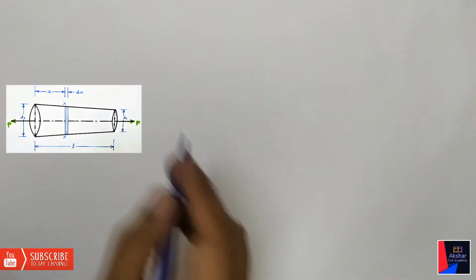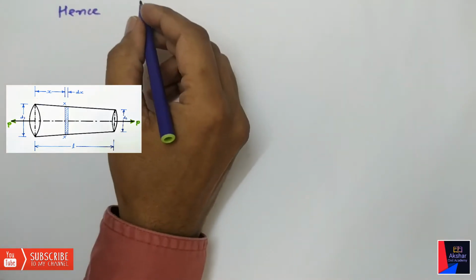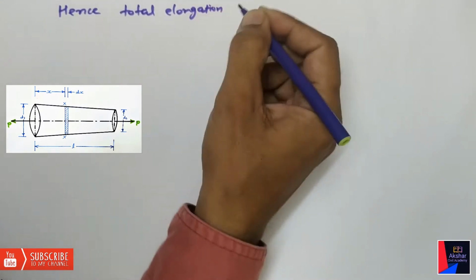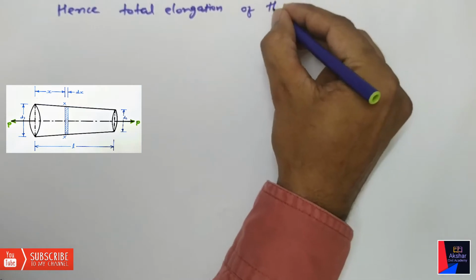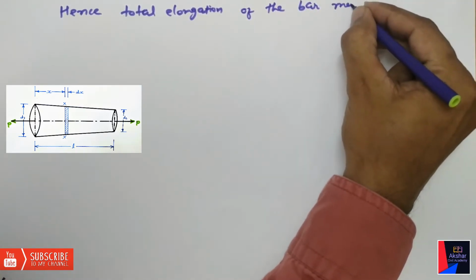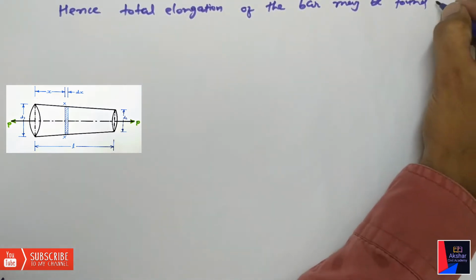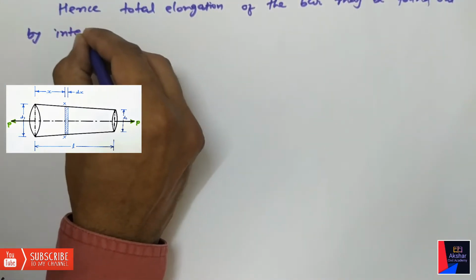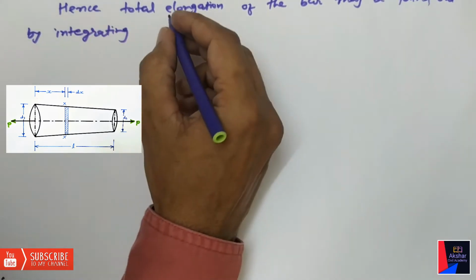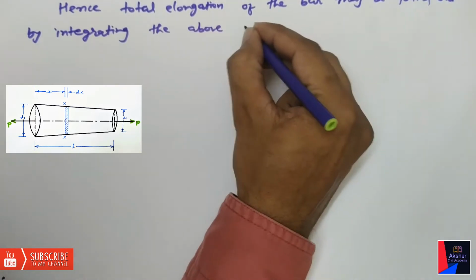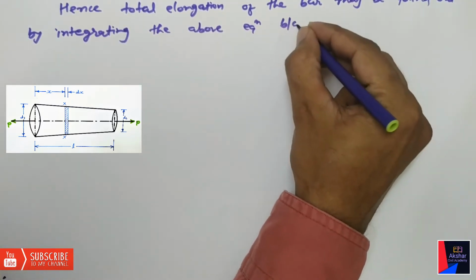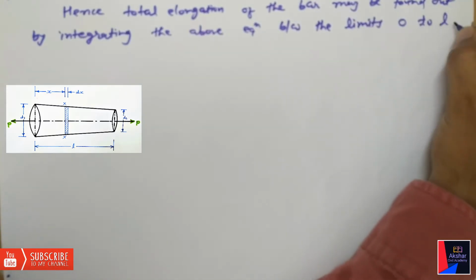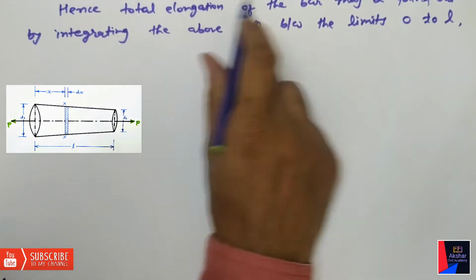Hence the total elongation of the bar may be found out by integrating the above equation between the limits 0 to L.